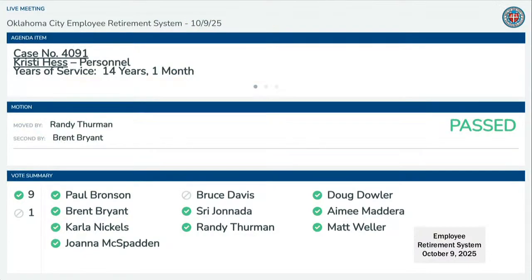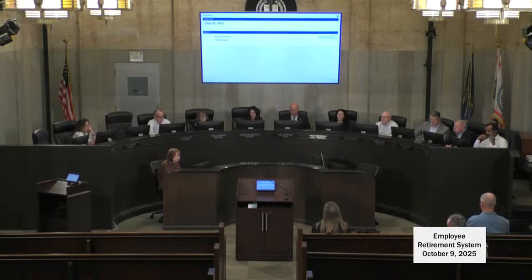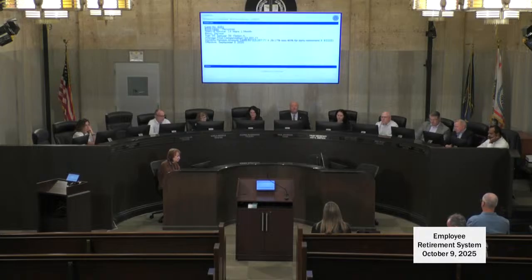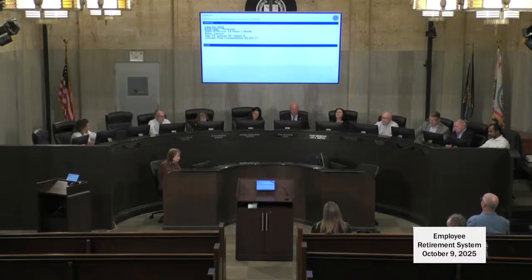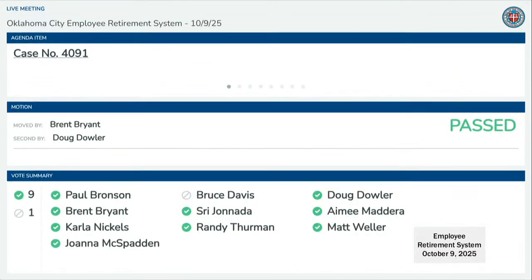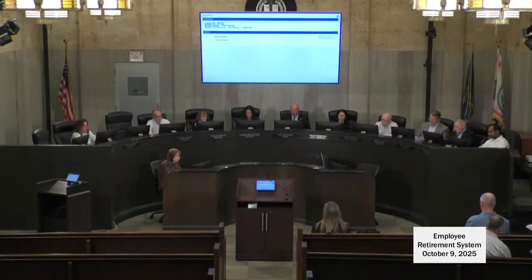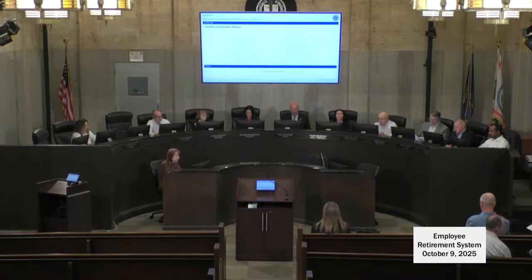Item is approved. And item 11 is to approve the request of the following to terminate vested rights and commence retirement benefits. We have a motion and a second. Please record your vote. Item is approved. Item 12 is to receive the investment consultant report.